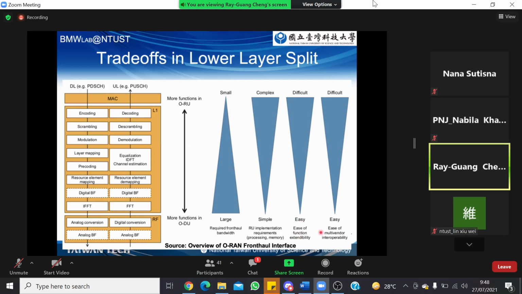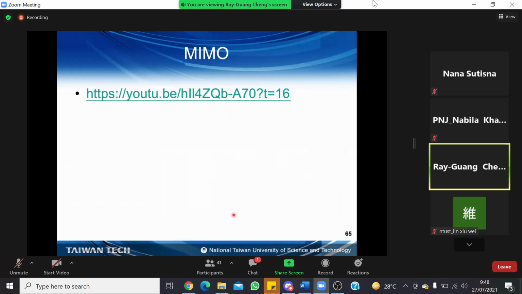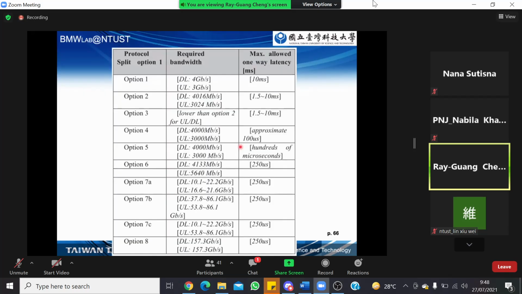Here they also describe whether it's easy to implement in the RU or DU. Before, we just mentioned the beamforming. Okay, I guess MIMO we can just skip.